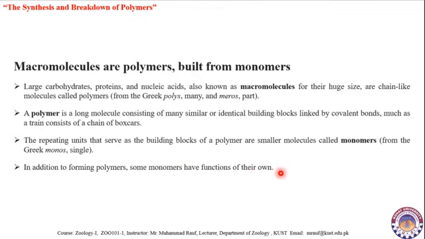For example, glucose is a monomer and it can directly be used to derive energy when it is incorporated into glycolysis, and in other cases the glucose monomers combine and form either starch or cellulose.